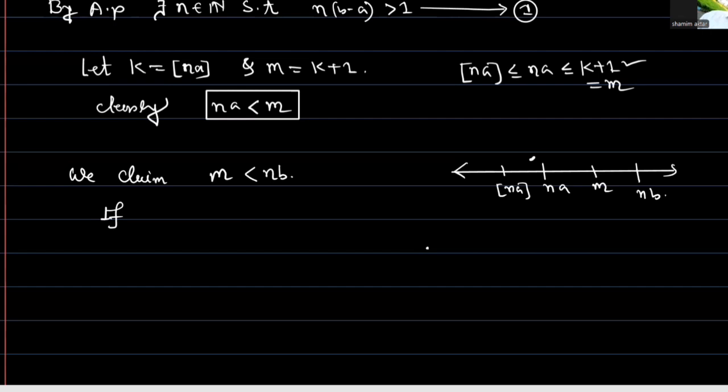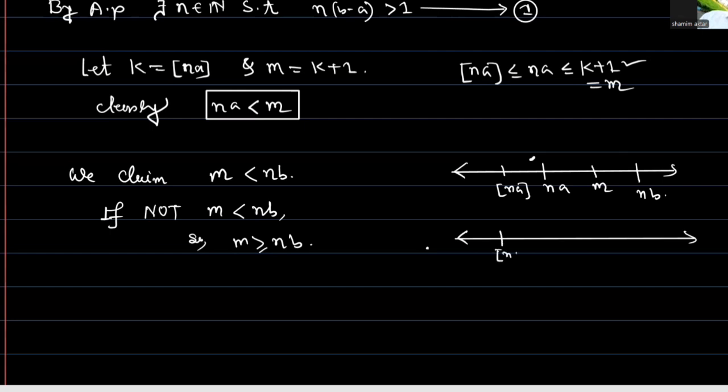Then we have m greater than or equal to nB. That is, nA, nB and m are arranged like this. Now we show that this is a contradiction.